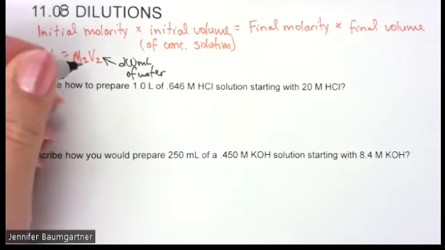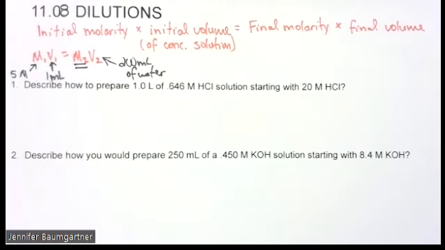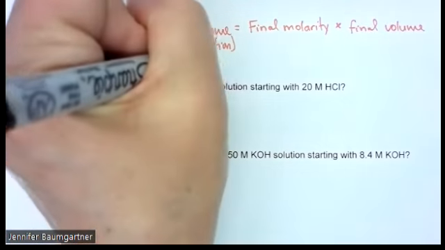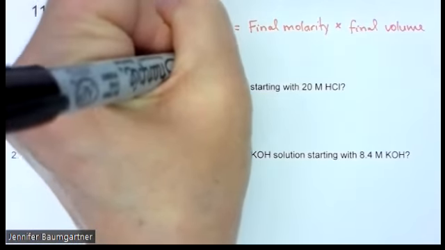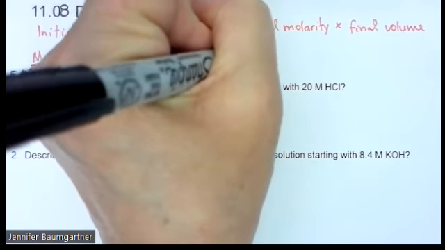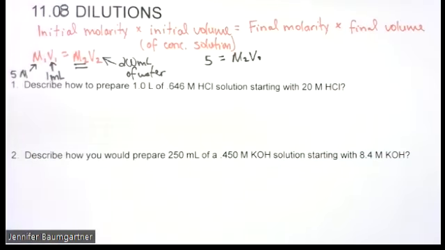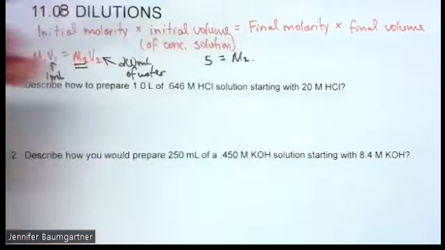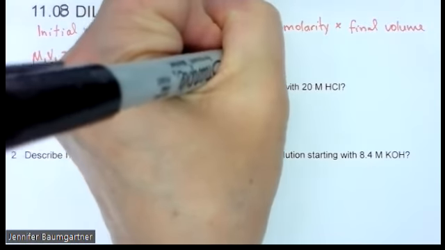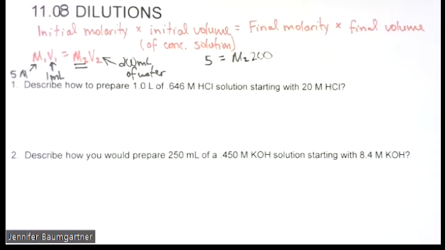If you want to find the concentration of the glass of water that you're drinking, you would take 5 times 1, so that would be 5 equals M2 times 200. You'll notice I didn't convert to liters.